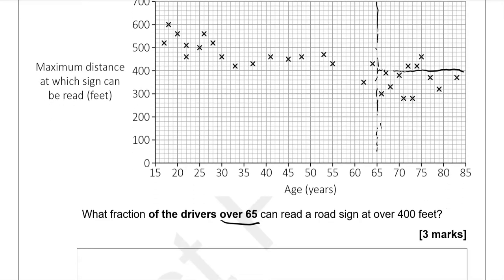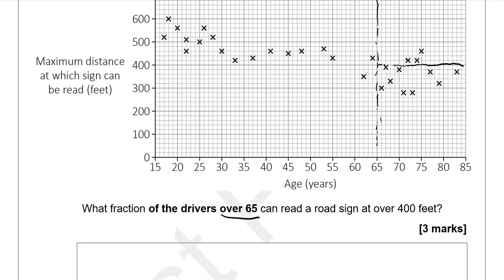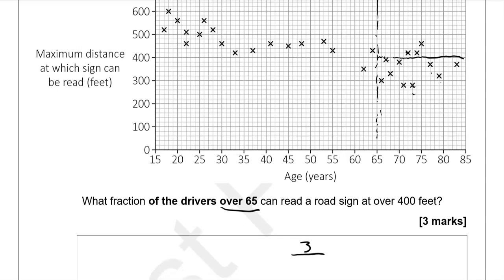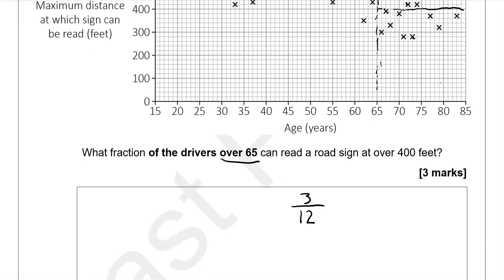So it's only 3 of them, as you can see, 1, 2, 3, out of 3, 4, 5, 6, 7, 8, 9, 10, 11, 12. So that's 12 of them who are over 65. So 3 12s is the same as 1 quarter.